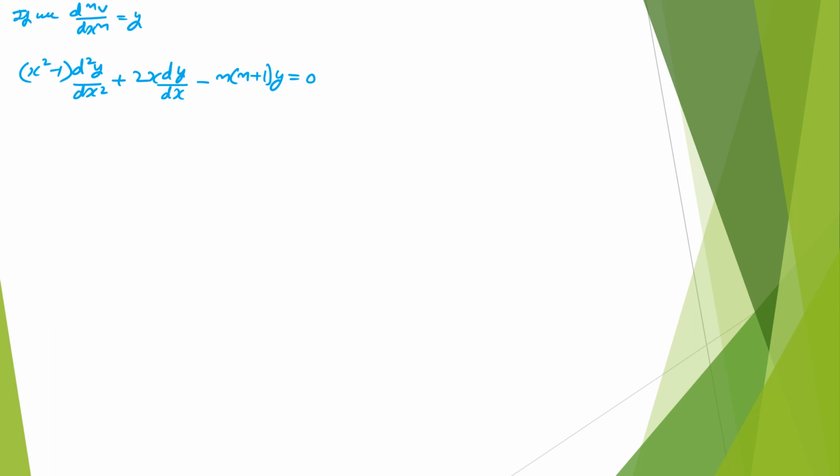Now taking minus 1 as common, then we have (1 minus x square) d square y by dx square minus 2x dy by dx plus n (n plus 1) y is equal to 0.